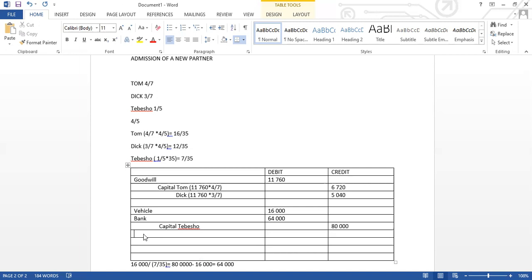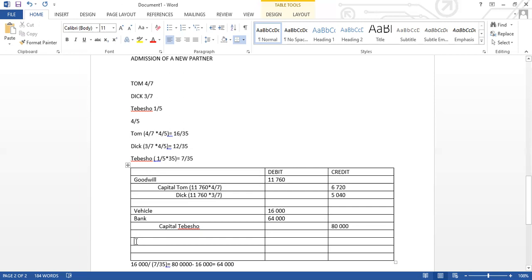Okay, so debtors, we are told that they are 68,000. That is their carrying amount, and then they decreased to 55,400. So did we make a gain or a loss on the revaluation? A loss. We made a loss on revaluation.